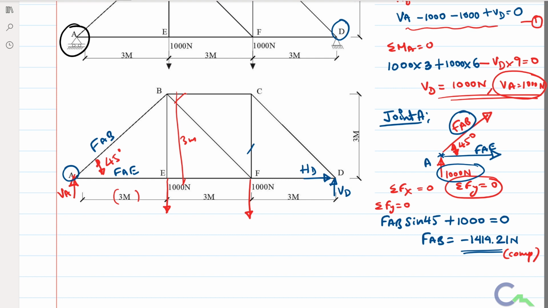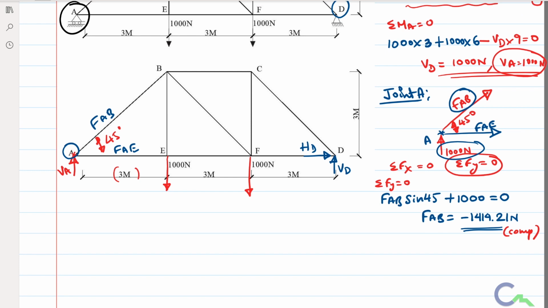Member is not in tension, member is in compression. So while considering next joint, I have to apply that as compression. But in this joint, till the end of this joint, I am not going to change the direction of that force.